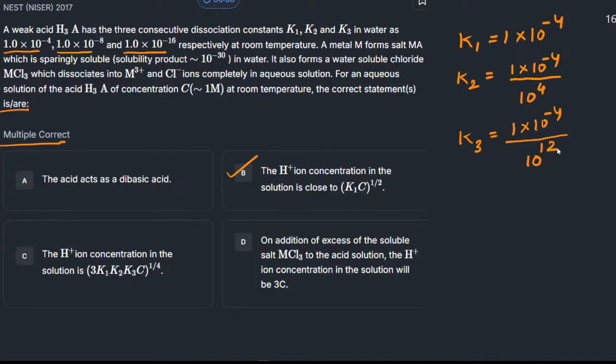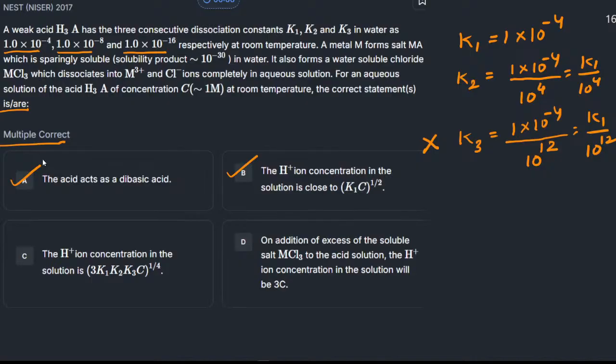This 10 raised to the power minus 12 times means it is K1 by 10 raised to the power minus 4. It is K1 by 10 raised to the power minus 12. So that means K3 is far less, very less. So the acid acts as a dibasic acid, because to act as a tribasic acid there should be a significant value of K3, but that is very less.